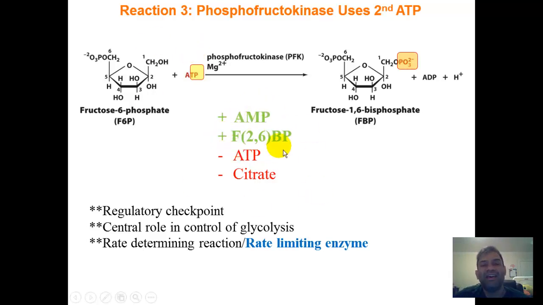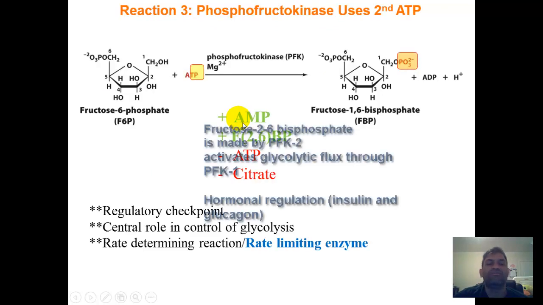And then this fructose 2,6-bisphosphate is an allosteric activator of PFK as well. So I'm not going to talk about fructose 2,6-bisphosphate. That's an allosteric effector that's regulated by insulin. It's regulated by glucagon, and it's beyond the level of this course.